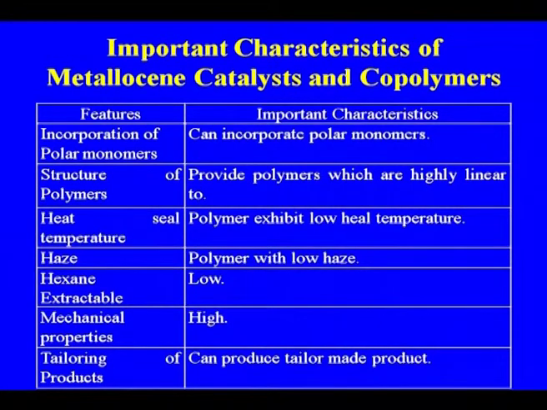The polymer exhibits low heat temperature, and low extractables with good mechanical properties. Tailoring of the products can produce tailor-made products. So these are some of the characteristics of Metallocene catalysts and copolymers, and why we are now using more Metallocene catalyst based processes.